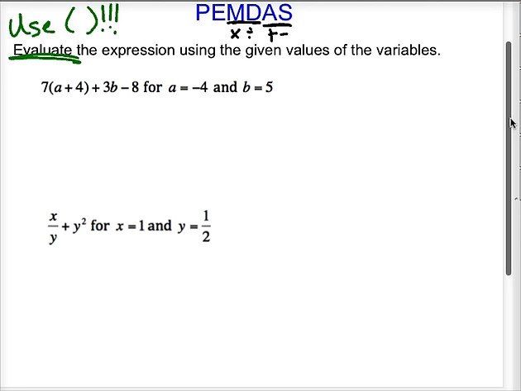So 7 times (a plus 4) plus 3b minus 8, and they're saying let a be negative 4 and let b be 5, and they want us to evaluate that. So I'm going to write that out. And again, I'm going to put extra parentheses any time I put a number in.